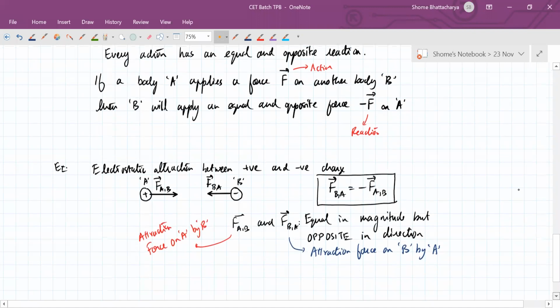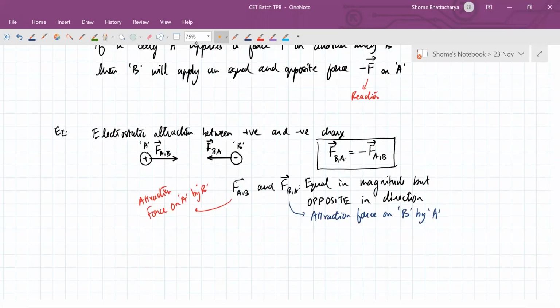Okay, so there are many such examples of action reaction pairs, and we can understand a few more.